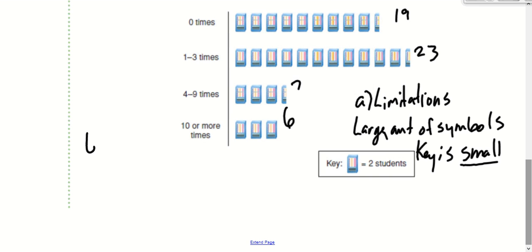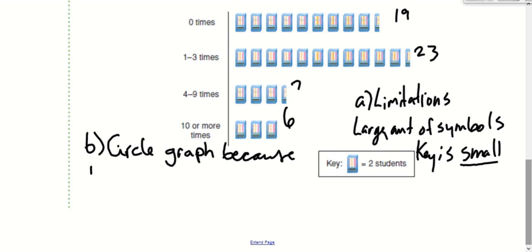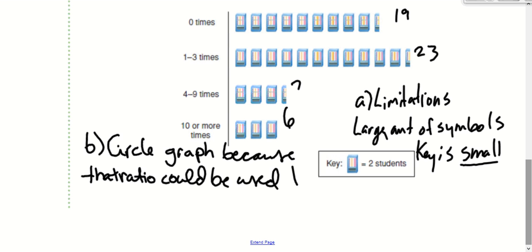I would say B. I would use a circle graph because that ratio could be used to inform the whole school student body. It wouldn't necessarily be accurate, but it could be done. Okay, next example.